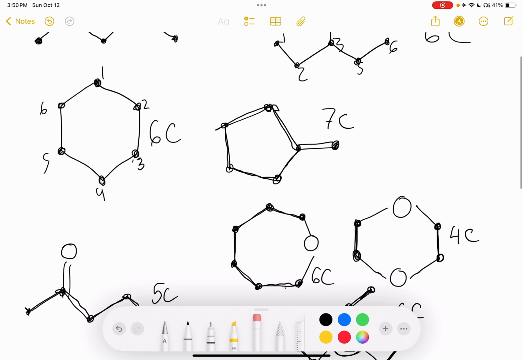So hopefully maybe drawing them helped a little bit. And then in the next one, I'm going to talk about the hydrogen counting.